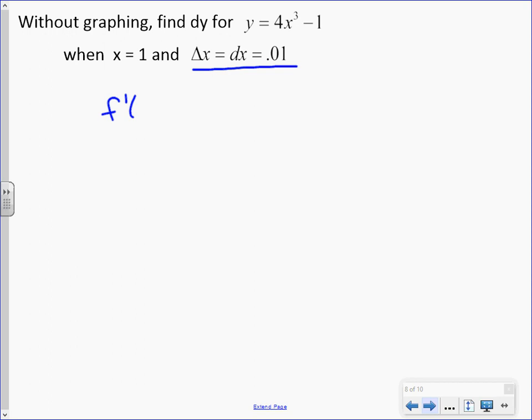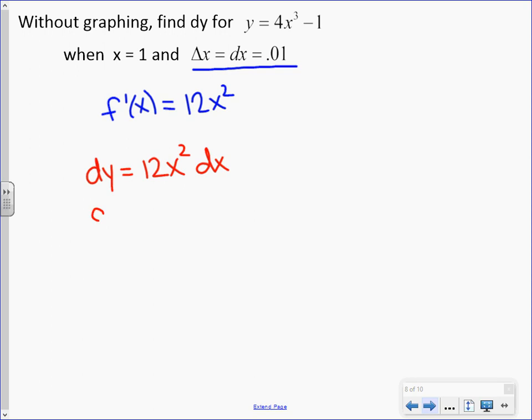What is the derivative of 4x cubed minus 1? 12x squared. That's a nice one, right? So what we're going to write is dy equals 12x squared dx. Okay.